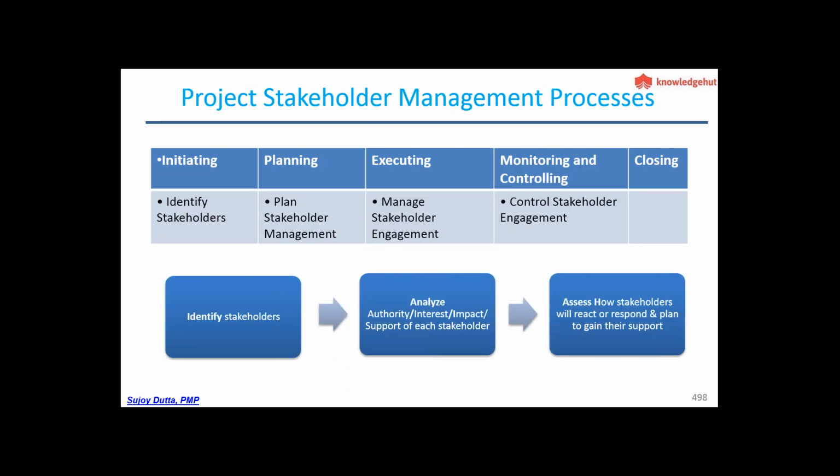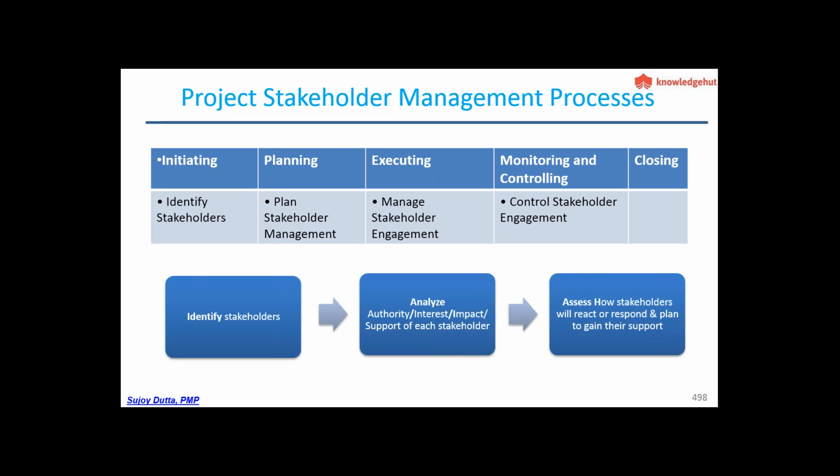So basically the processes start from the left: the initiating group has identify stakeholders, then planning has plan stakeholder management, then execution has manage stakeholder engagement, and monitoring and controlling has control stakeholder engagement. First of all we identify the stakeholders, then we analyze.